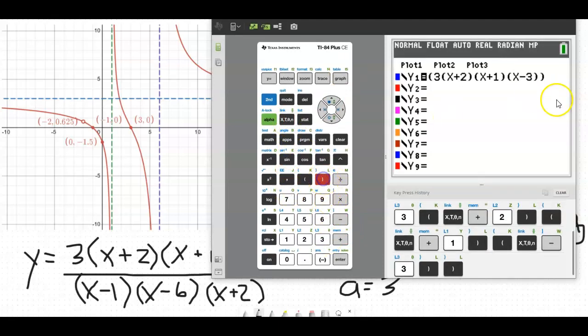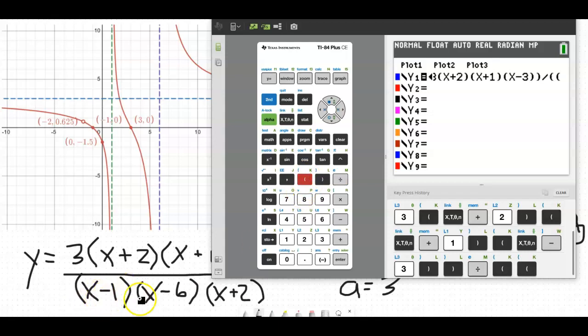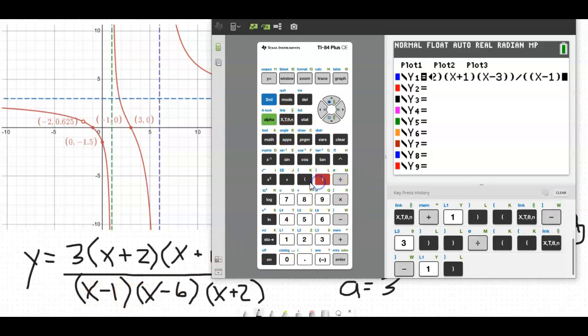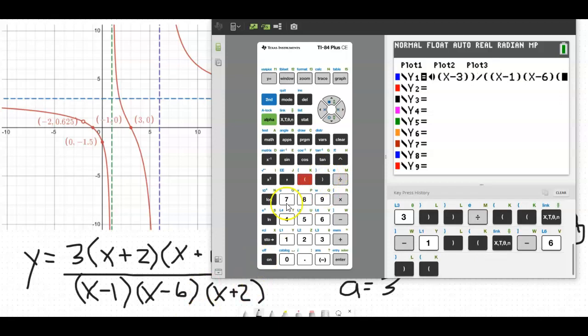Okay, and then remember, close off the entire numerator here, and then divided by, and we're going to need its own set of parentheses for the bottom. So open parentheses, now another open parentheses to start that, x minus 1 times (x minus 6) times (x plus 2). All right, close that off, hit enter.